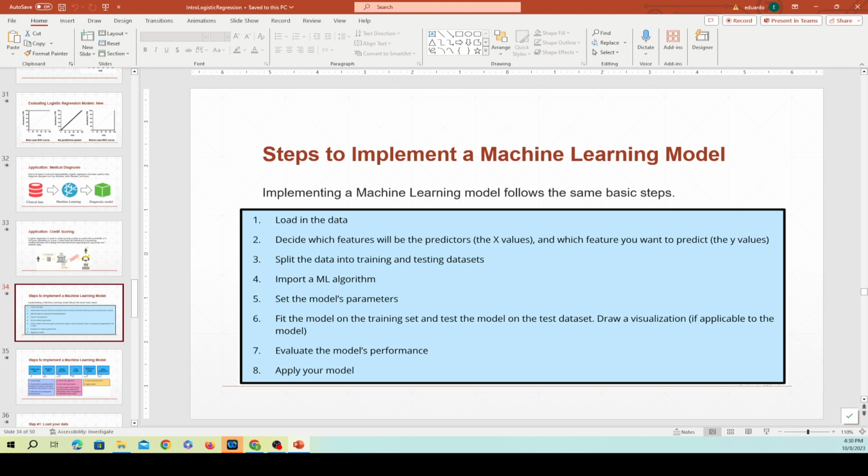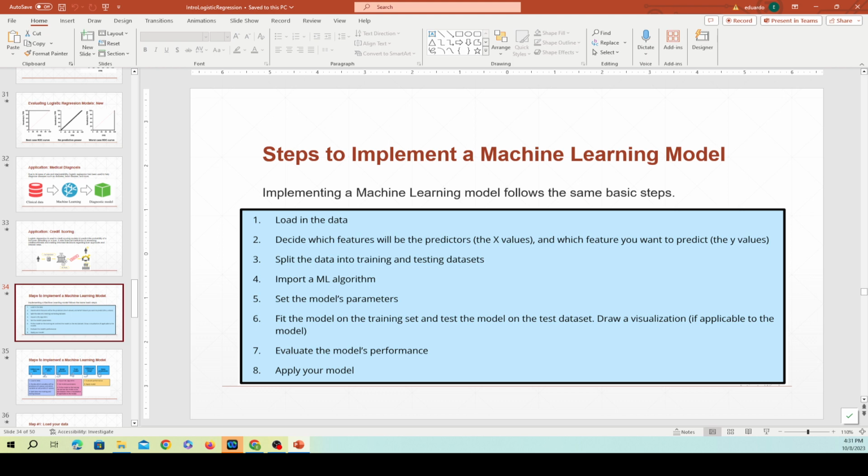We're going to import the machine learning algorithm. Is it a linear regression, a k-nearest neighbor, or is it a logistic regression? We're going to set the model's parameters or hyperparameters depending on what kind of model or algorithm you have. We're going to fit the model on the training set, in other words, tune it, and then test the model on the test data set.